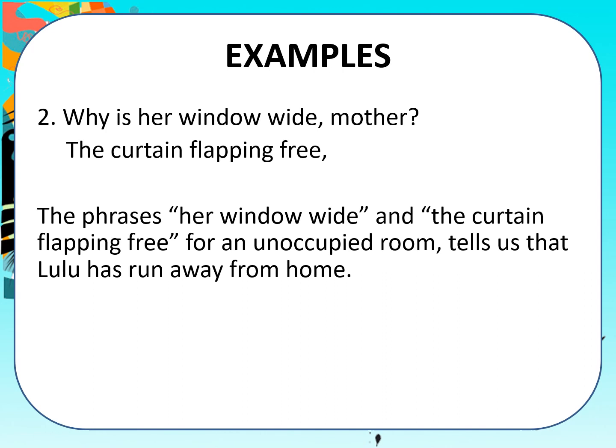Remember in the first stanza, the persona was wondering, where is Lulu? Why is there nothing in her bed but an old rag doll and by her side a shoe? Right. So for an unoccupied, empty room, but the window is wide, the curtain flapping free, it tells us that Lulu has run away from home.